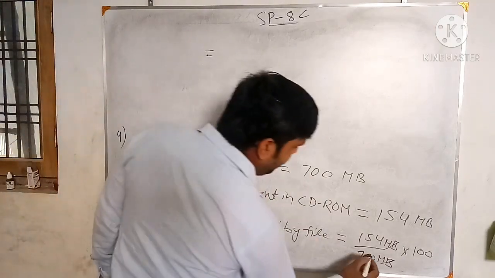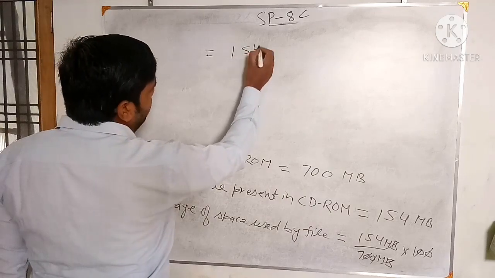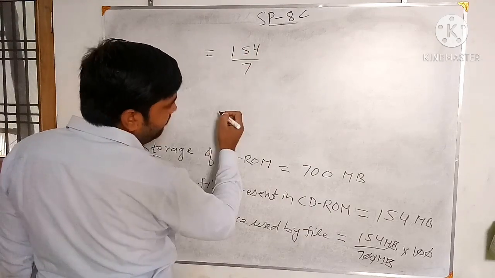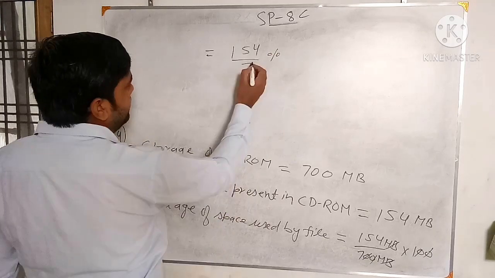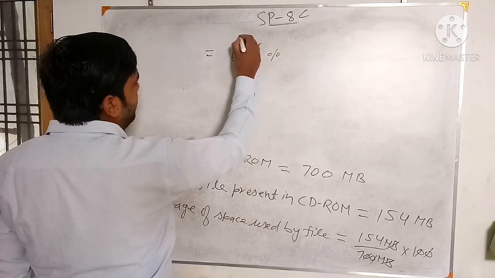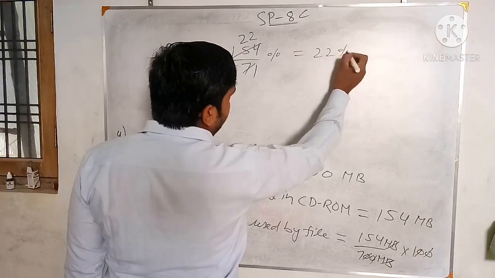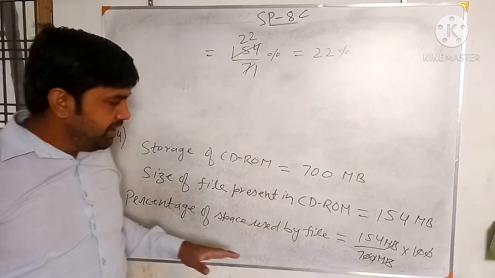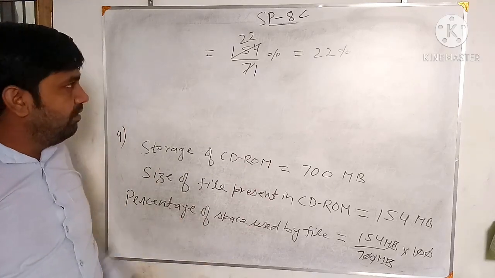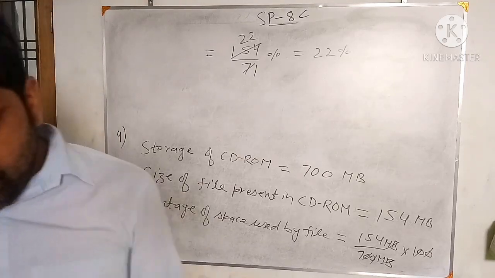Now the two zeros of 100 are also cancelled. So what we got is 154 by 7 percent. Now 7 twos are 14, 7 twos are 14. So what you got is 22%. So 22% of the CD-ROM space is used by the file.